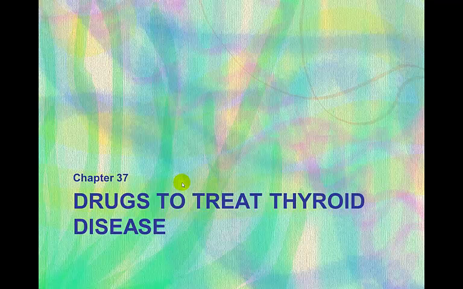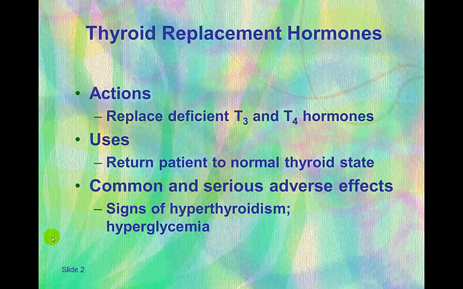Mainly remember that the thyroid is metabolism, and symptoms of low thyroid are going to be low metabolism, and symptoms related to high thyroid are going to be high metabolism, and what all of that entails.